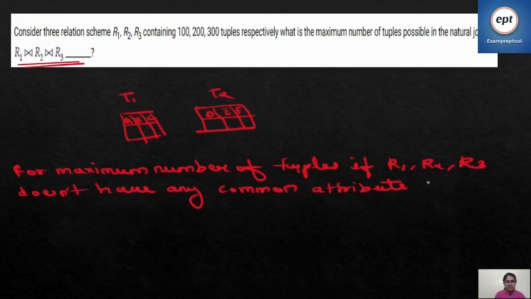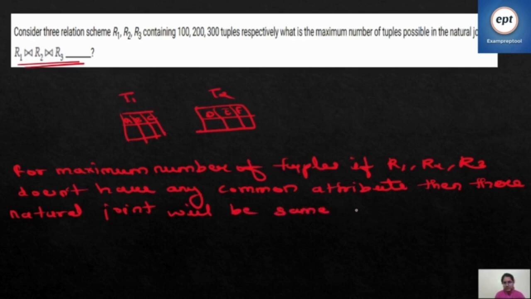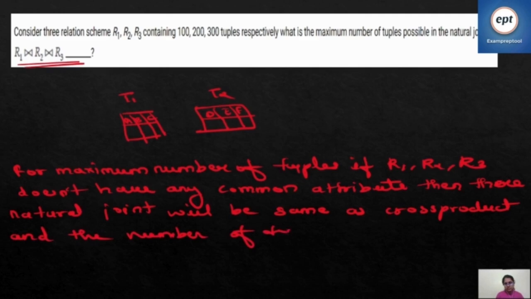If they do not have any attribute in common, then their natural join will be the same as cross product, and the number of tuples in the result is equal to the cross product.